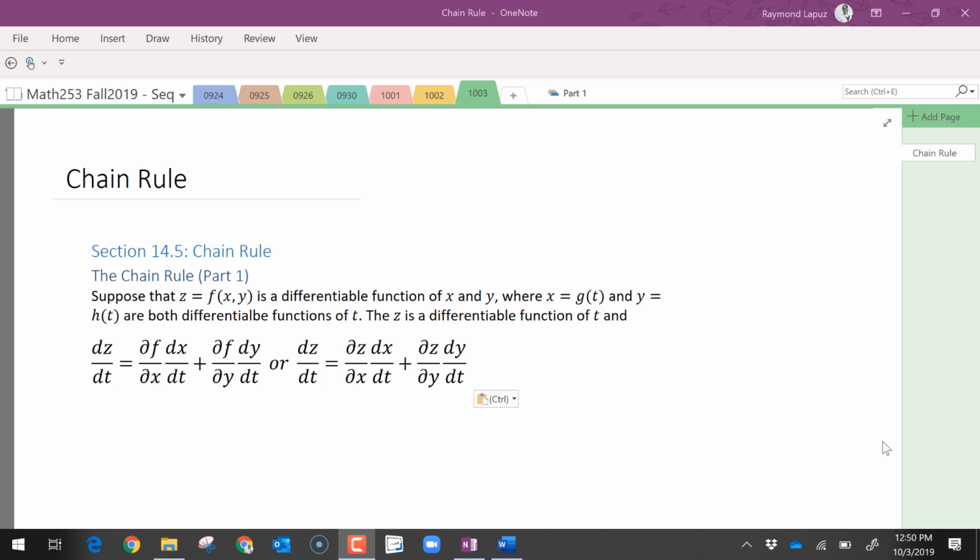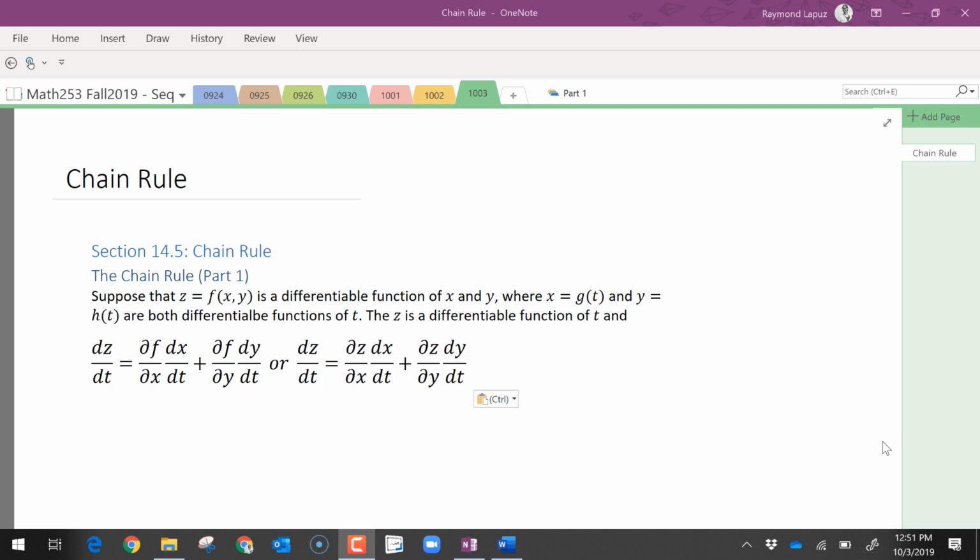What does that mean? That means the resulting function only has a t in it. So there's an x and a y in the original function, but the x and the y are functions of t, so eventually your function is going to be a function of just t. Okay?